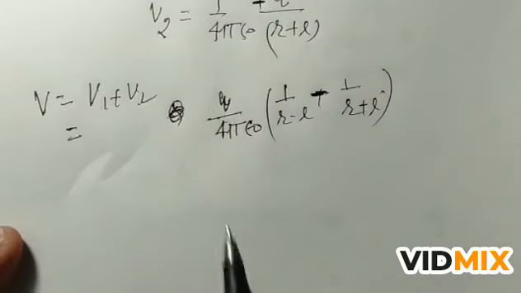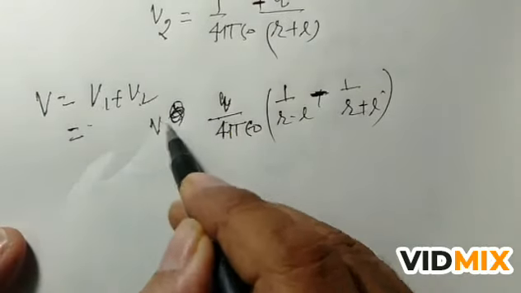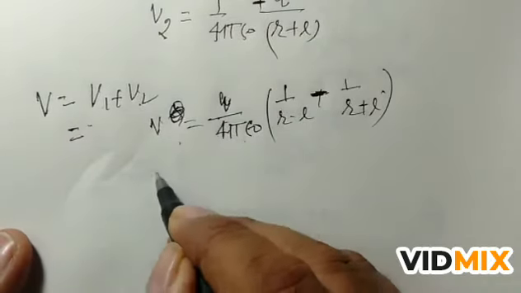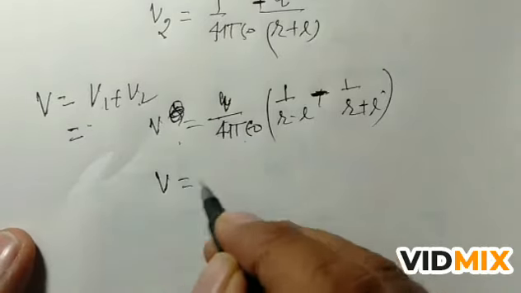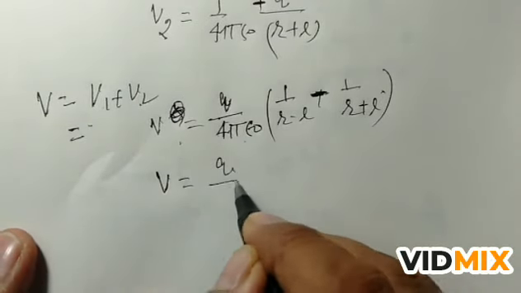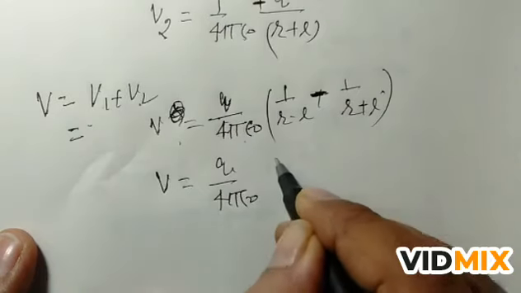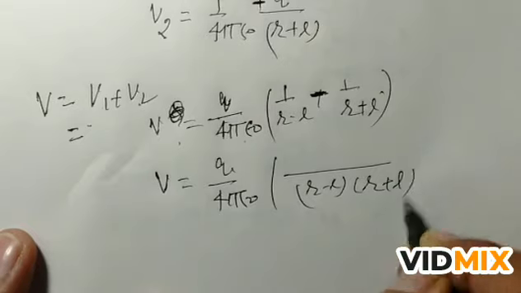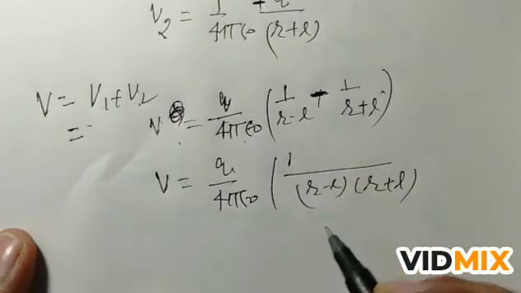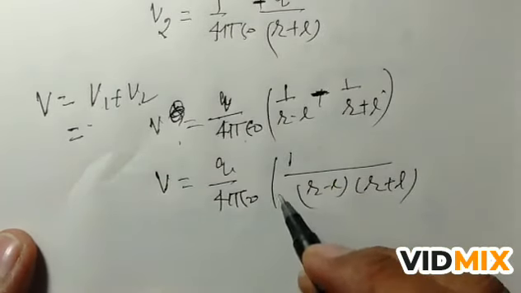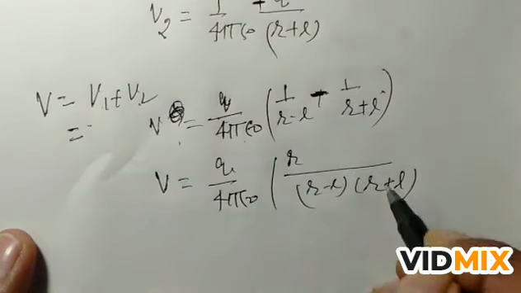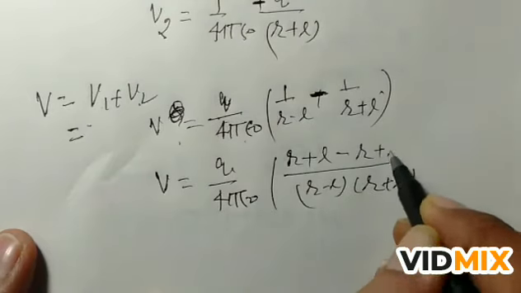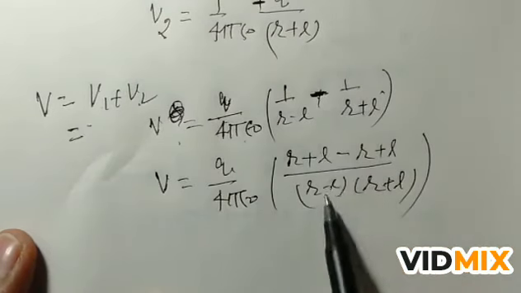So the total potential is the sum of these two. We have taken Q by 4 pi epsilon naught common, so V is equal to Q by 4 pi epsilon naught, and if you take the LCM, r minus L and r plus L. Here it will be r plus L minus r plus L, because of the minus sign the sign will be changed.